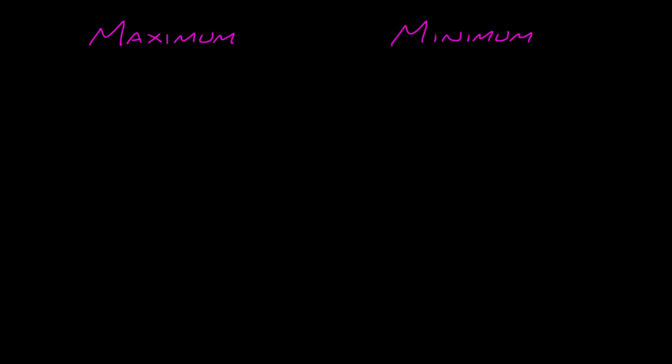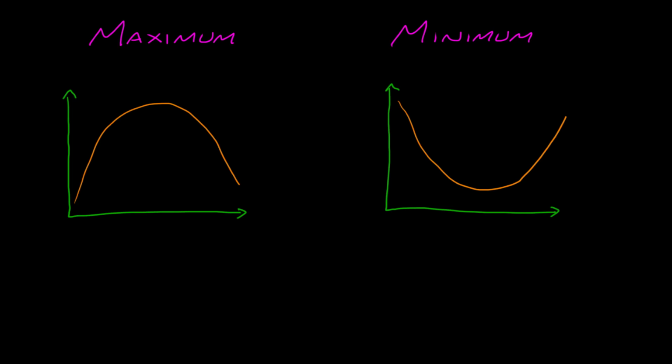So let's look first at how the second derivative is connected to either a maximum or a minimum of a function. On the left here we have a maximum of our function, the point where a function reaches a high value, at least locally. We know that elsewhere in the function it might actually go higher than that point, but within that small region it is the highest value of the function.